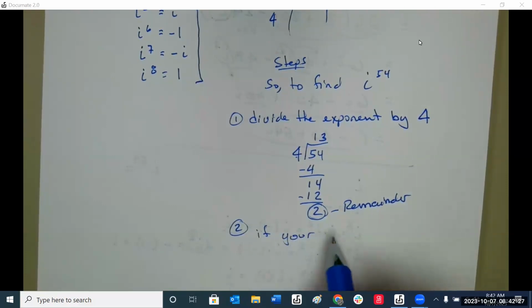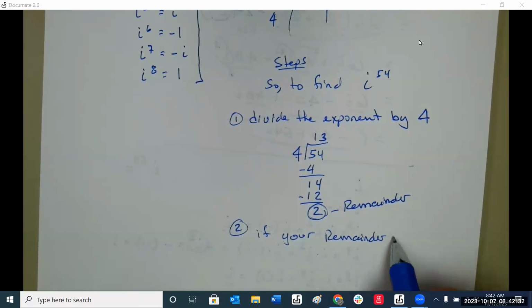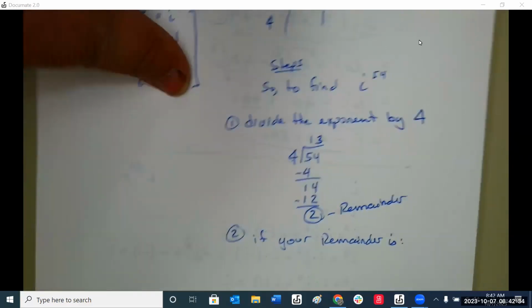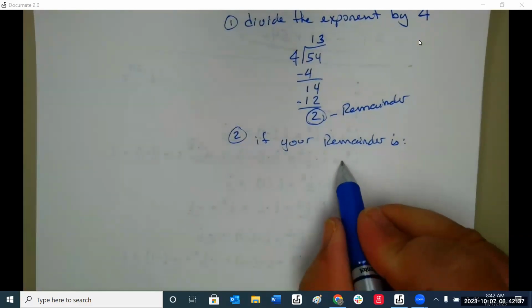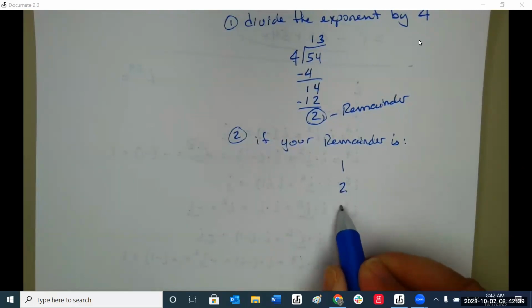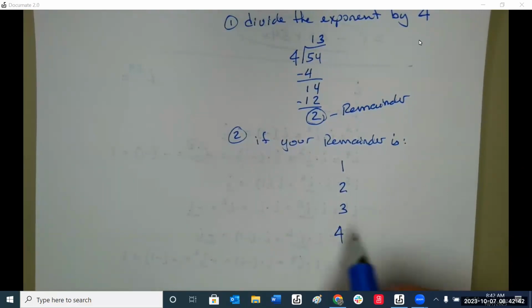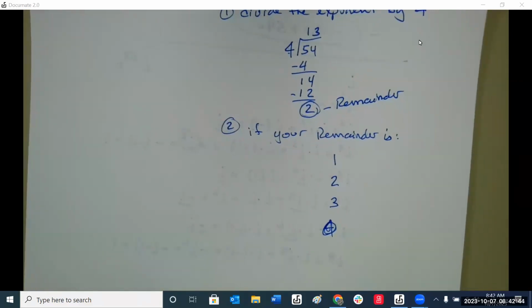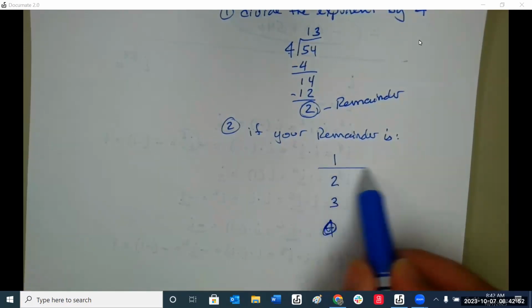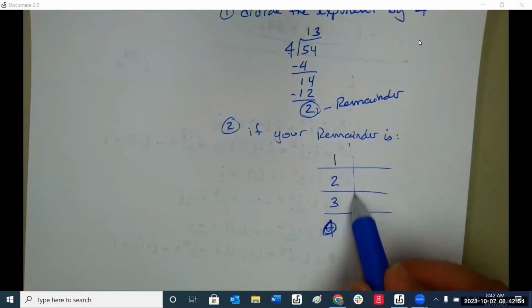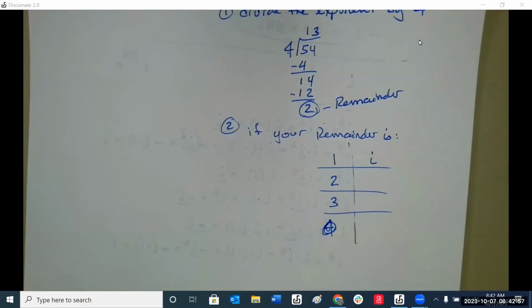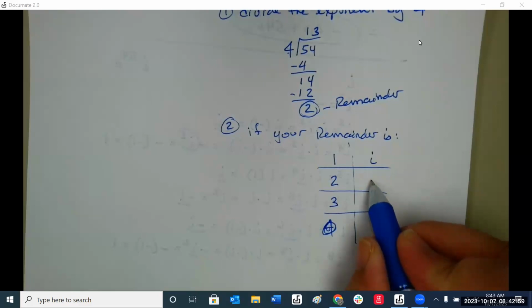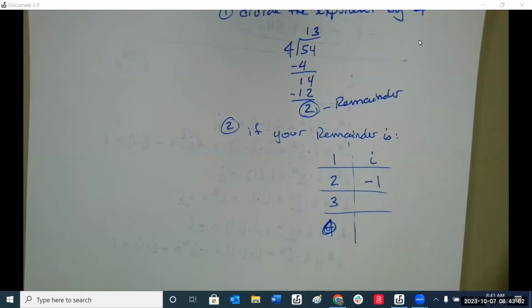If your remainder is 1, 2, 3, or actually 0. If you divide by 4, you can't have 4 as a remainder. So if it's 1, your answer is i. If it's 2, it's -1.